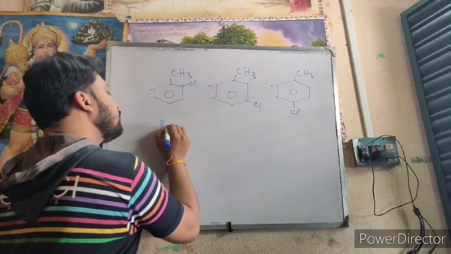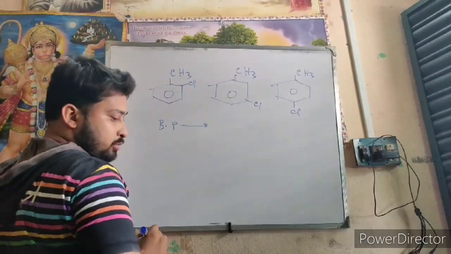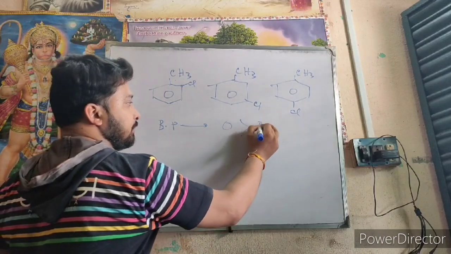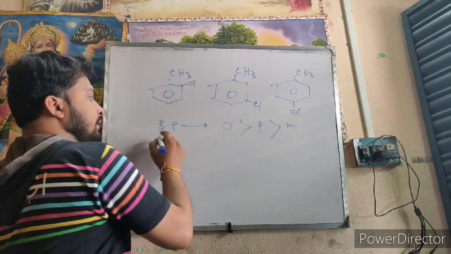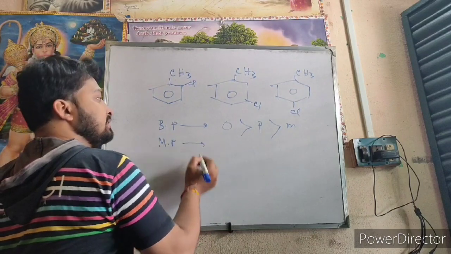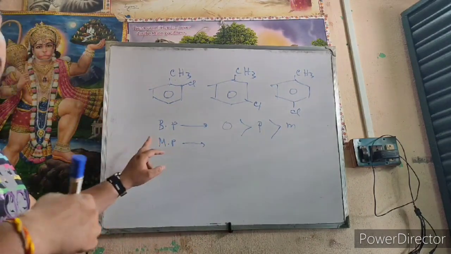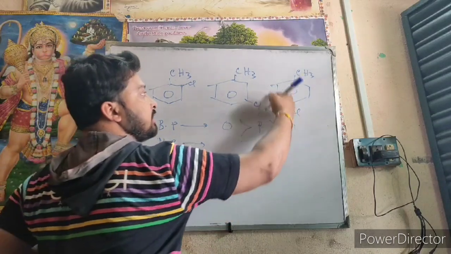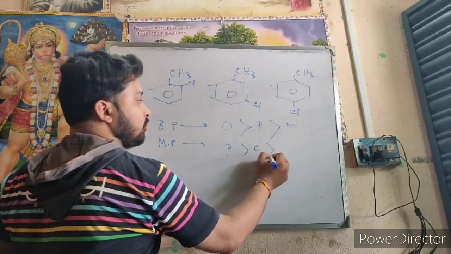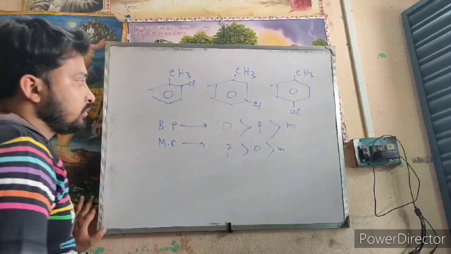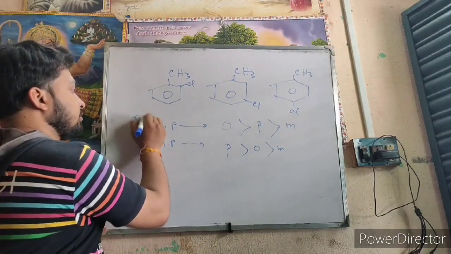The boiling point order for this compound is ortho greater than para greater than meta. And the order of melting point depends on the packing, and I know that the crystal packing of the para position is very good, so para first, then ortho. This is a very important question.